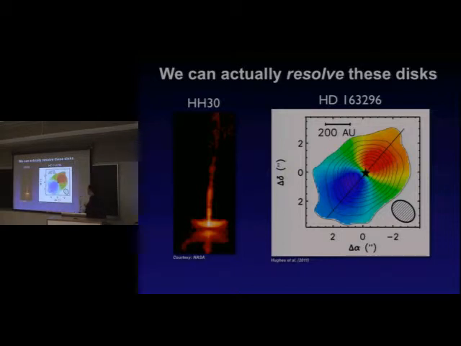This will become useful later in my talk, but I wanted to motivate that, especially with the advent of ALMA, this is definitely going to be a good way to study these systems.